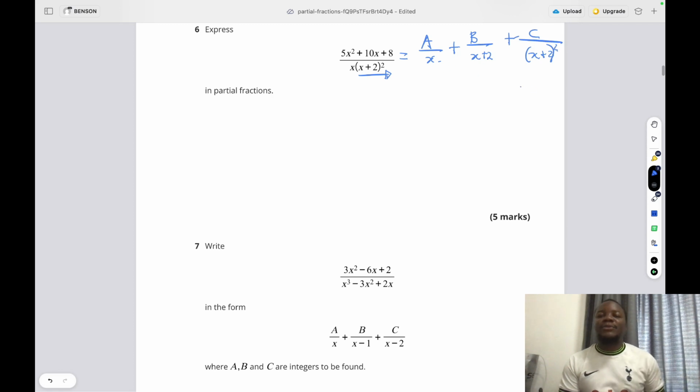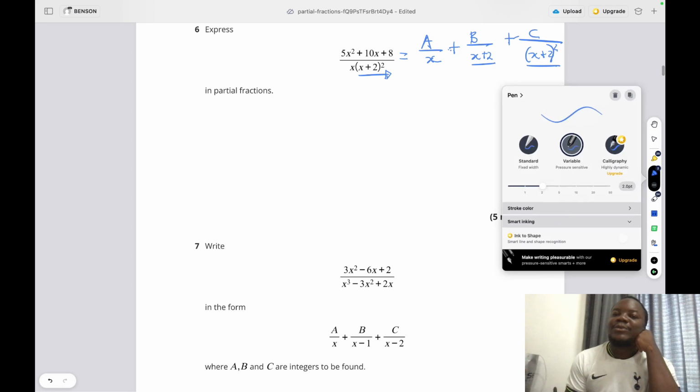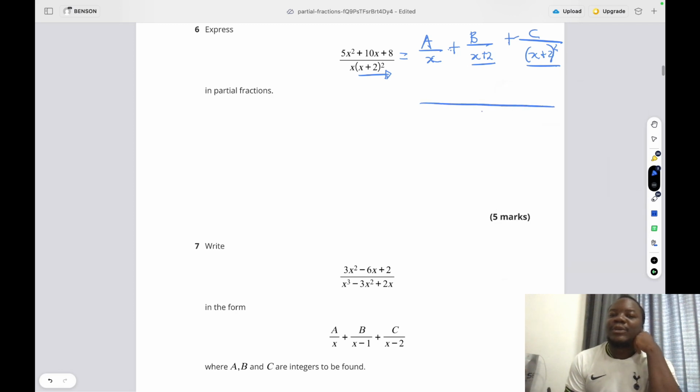Now the rule is very simple. Remember, when we had two things, we were multiplying this by that. Now in this case, a is going to multiply this and that together. If you are getting confused, it's important to try and see them in the form of the highest common factor. You draw this to mean x, then you have x plus 2 squared.